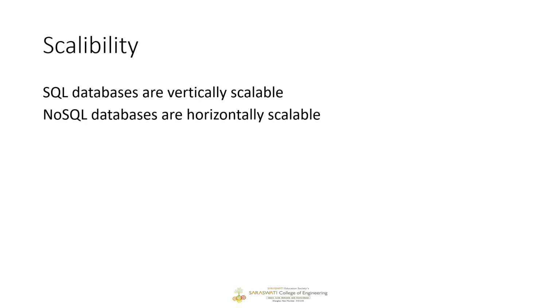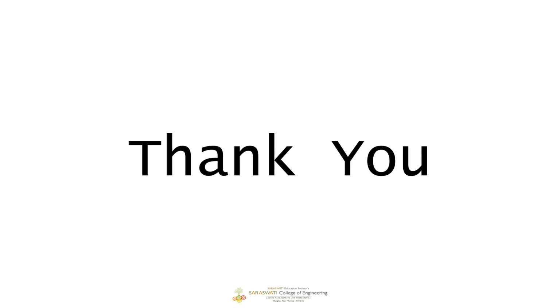That means if the amount of data increases, we don't increase the memory or the hard disk, we increase the number of nodes, the number of commodity hardware, to provide more availability. So NoSQL databases are horizontally scalable, while SQL databases are vertically scalable.